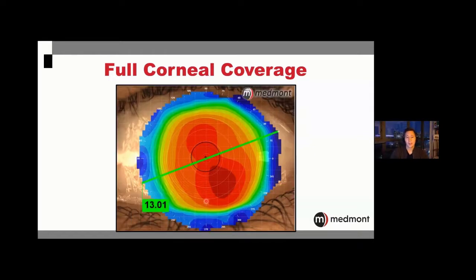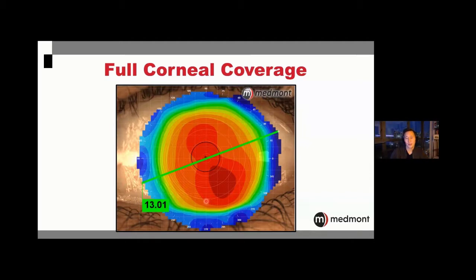Now, how big an area can you get? The largest that I've taken is about 13 millimeters. It is supposed to work on a horse eye up to about 14 or 15 millimeters. So you should be able to get a large enough area for most of our contact lenses. And this is, of course, really important because what is the diameter of our specialty lenses today?